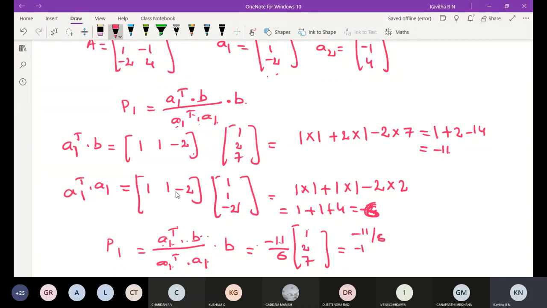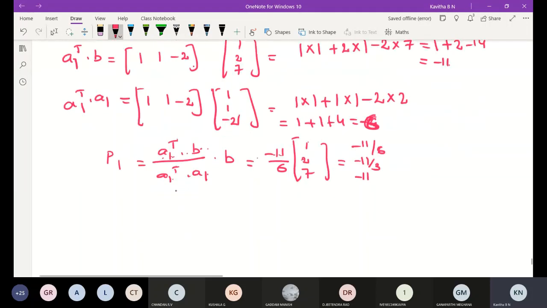Minus 11 into 2 is minus 11 by 3. Then next, minus 11 by 6 into 7.